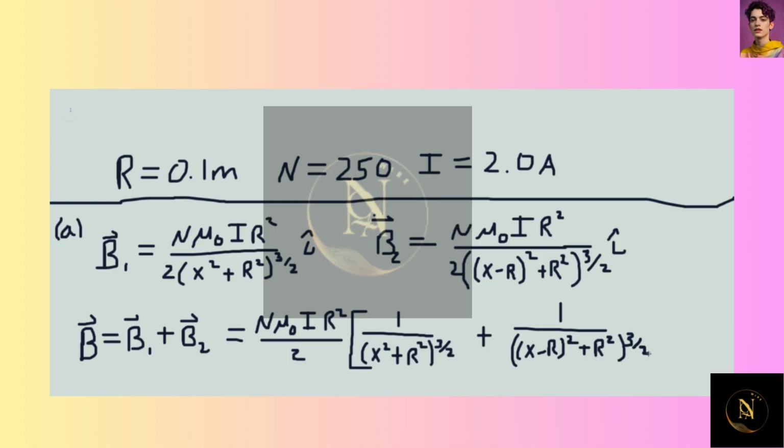Both of these are acting in the I hat direction, so on the outside of the bracket, we can put I hat. And that can be boxed in as our solution for part A.